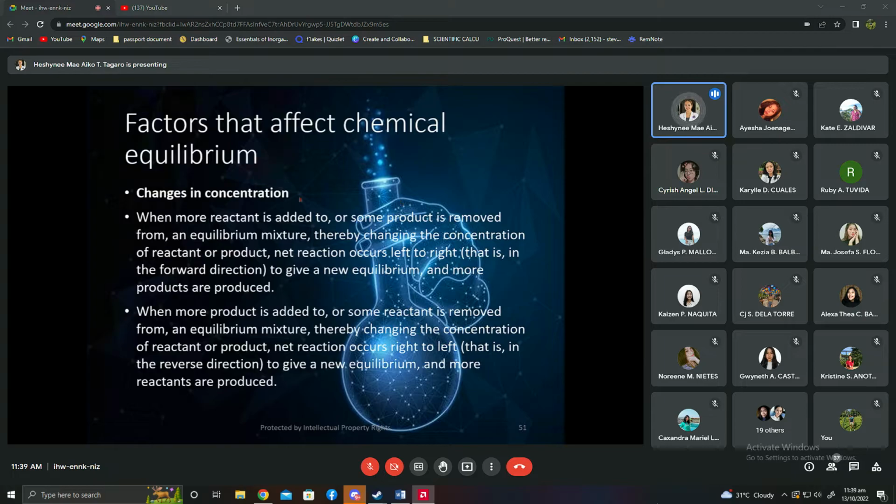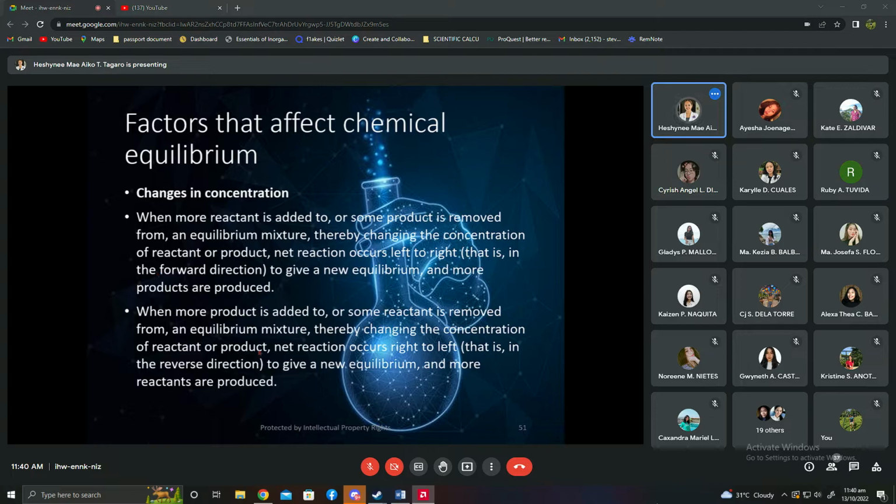So if you add to the concentration of your reactant, you need to convert it to products. The same is true if you remove a product. You need to convert your reactants to products.